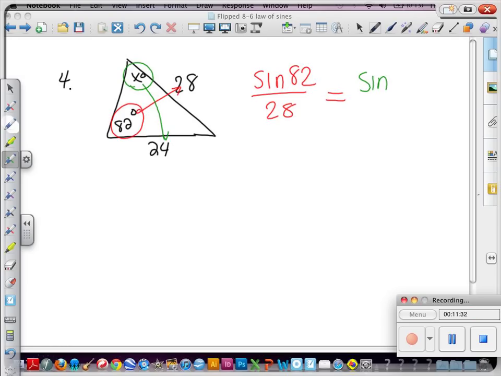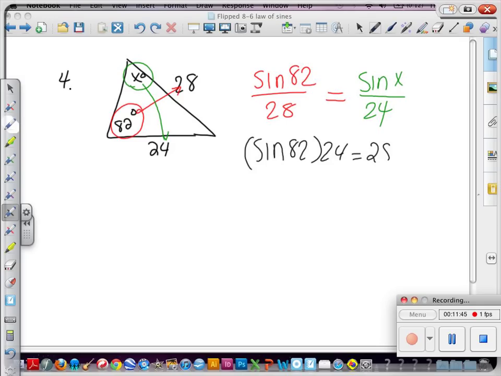So this time I'm looking for the angle. So I write sine angle over 24. I'm going to cross multiply: sine 82 times 24 equals 28 times sine x. Your goal is to get x alone, people. So you've got to divide by 28.